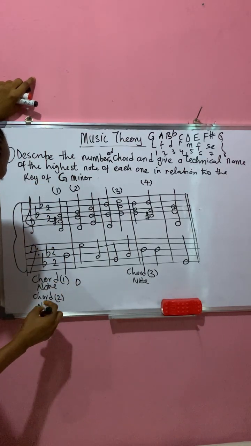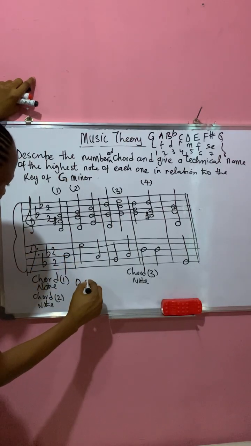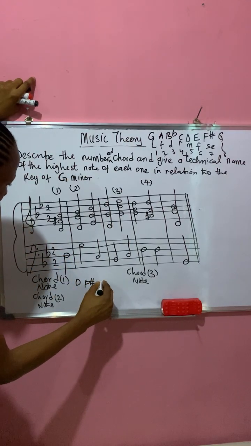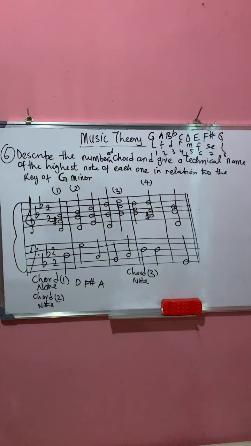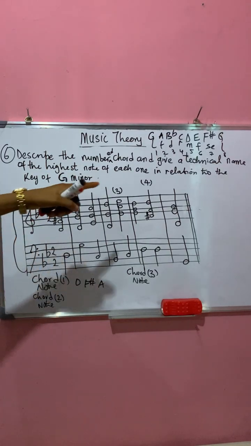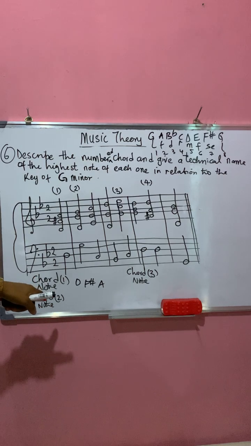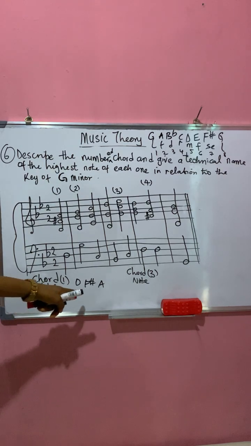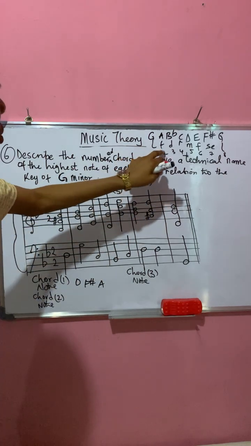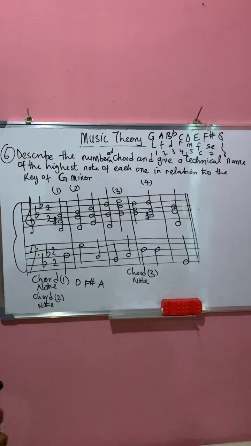We have D, we have F sharp, and we have A. So this is a D major chord, and in the key of G minor, what degree is D? Let's see, 1 2 3 4 5. So D is the 5th degree in the key of G minor.